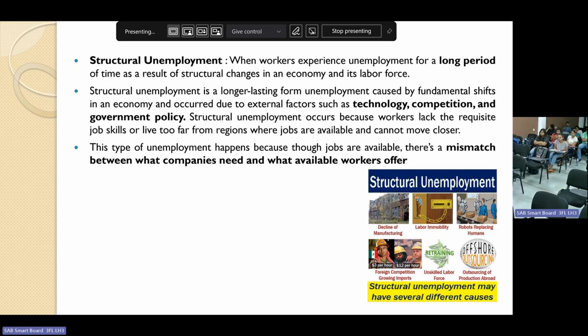Even though the private sector expects a skilled category, if the majority of people are unskilled, that is a long-term problem, and it takes a long time to match the requirements. So technology, competition, government policies, and the mismatch between labor demand and labor supply mainly create this situation.